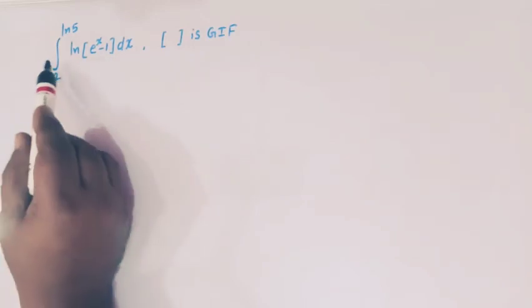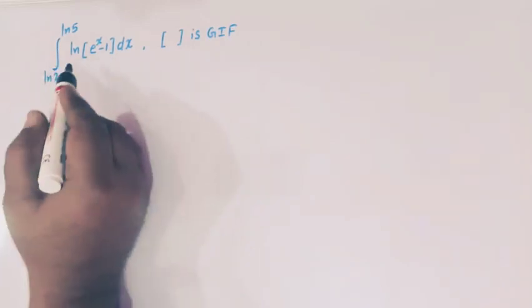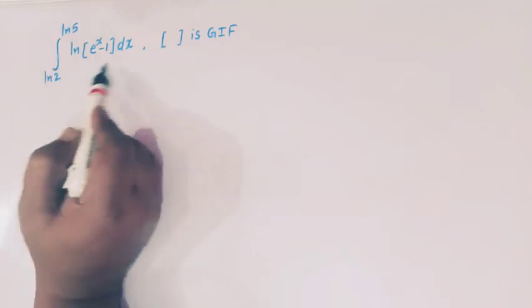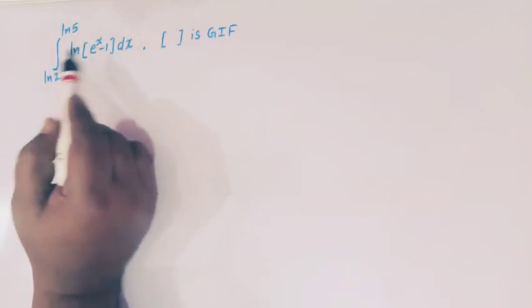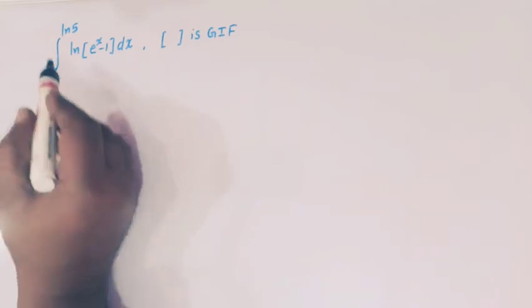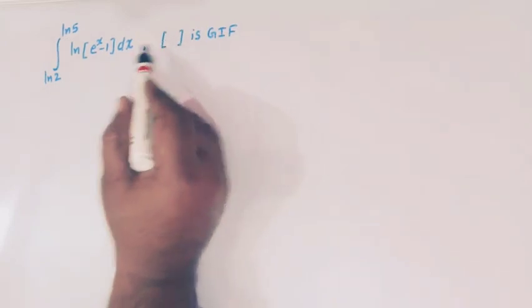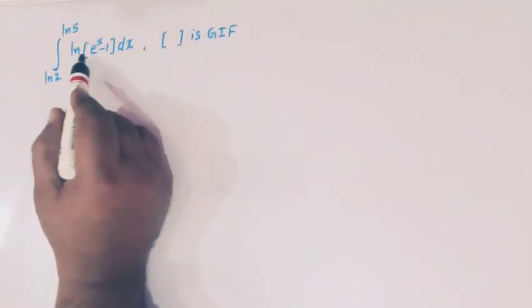Here ln denotes the natural log, and we have to evaluate this definite integral where the lower limit is log of 2 and the upper limit is log of 5, and the bracket denotes the greatest integer function.